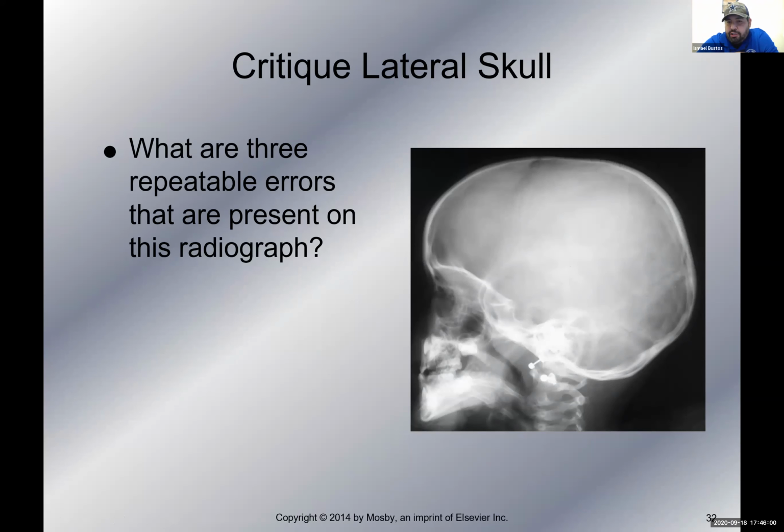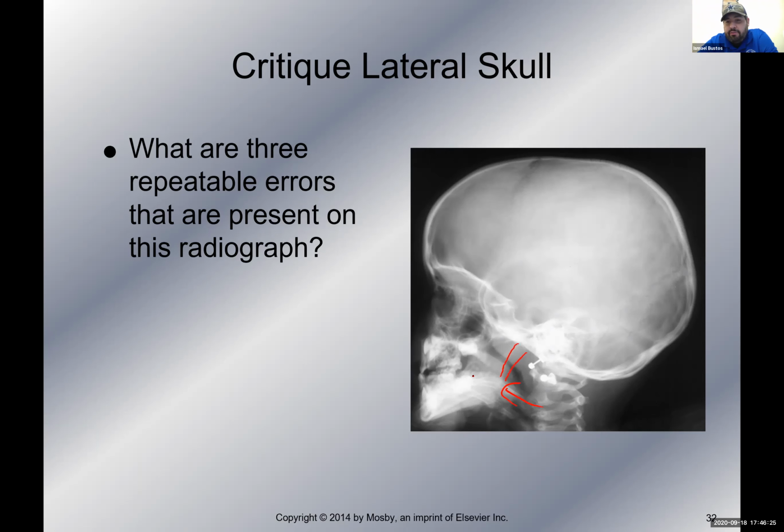So let's check for rotation. Do you see any rotation? And for rotation, what do we look for? We look for anterior posterior separation. And what's the first structure we look for? You should have said the mandibular rami, which are down here. So you see this line there, this line there.